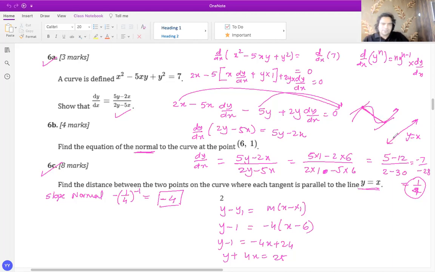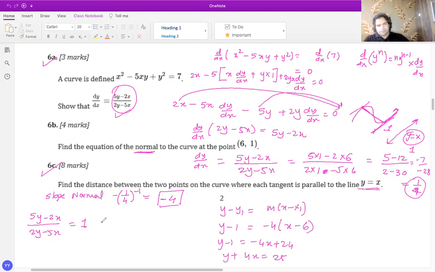So once again, we're going to use the basic concept of slopes. Two parallel lines have the same slope. So here the slope of the line is 1, so the slope of these tangents also is 1. And that becomes our tool to find out the coordinates. So I'm going to equate the slope of tangent, (5y minus 2x) over (2y minus 5x), equals 1, because I want to find out where the slope is 1.